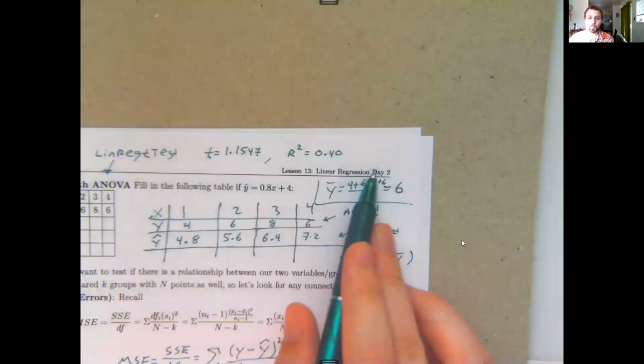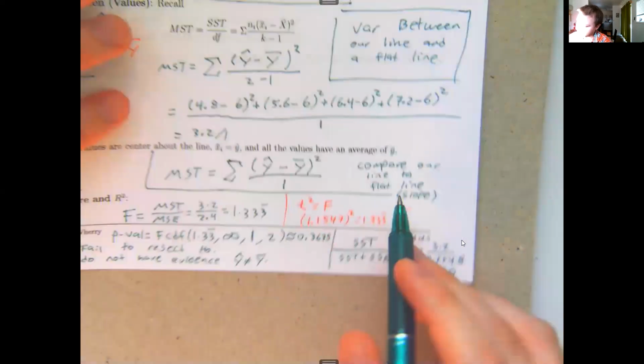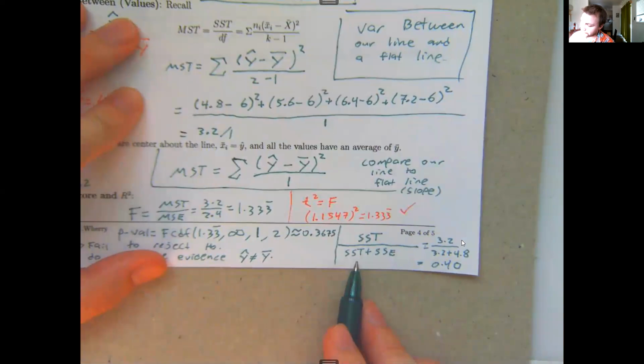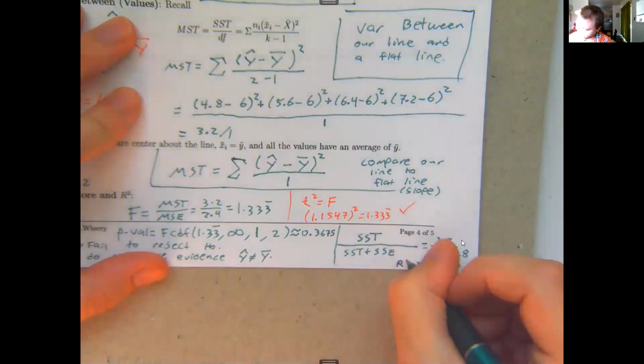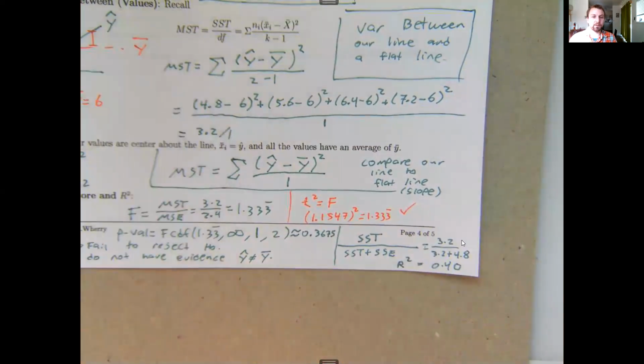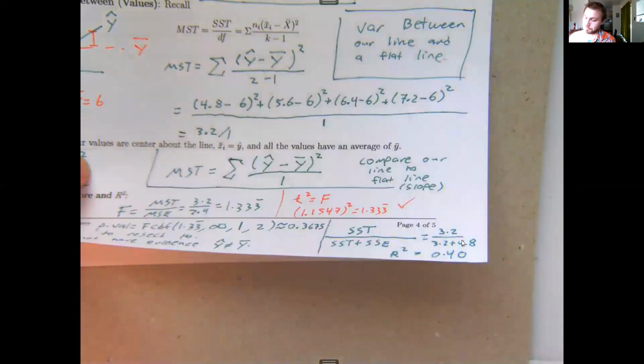This is your R squared. So when you take the SST and divide it by the SST plus the SSE, this is giving you a way of finding your R squared, the percentage of variation that's coming to you from that line here. So in fact, linear regression and Anova are really just two sides of the same coin, but that might not be immediately obvious.